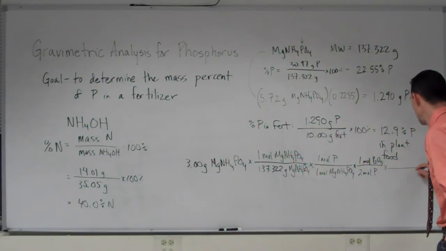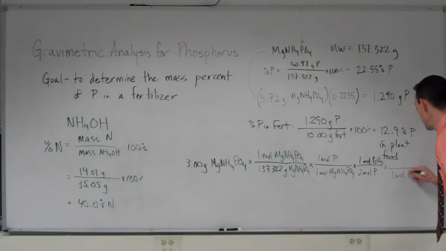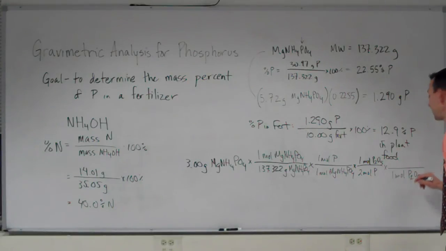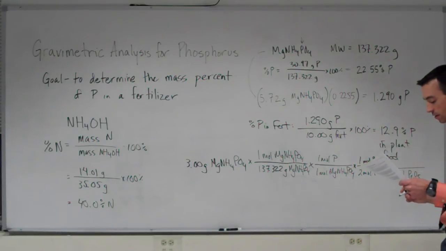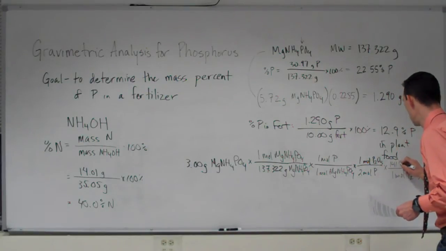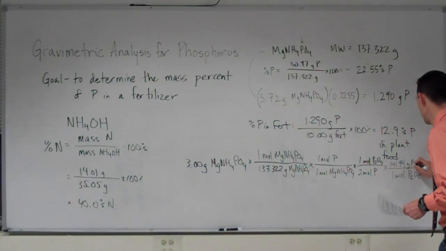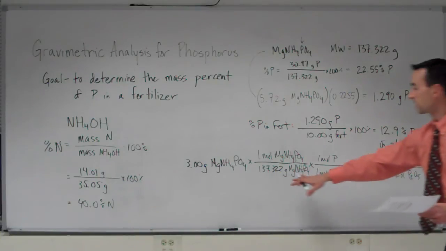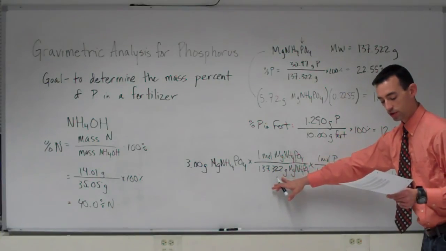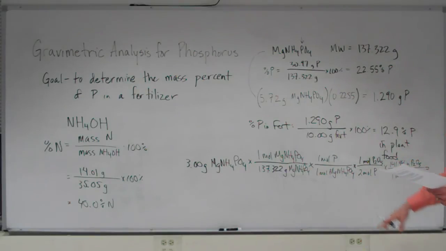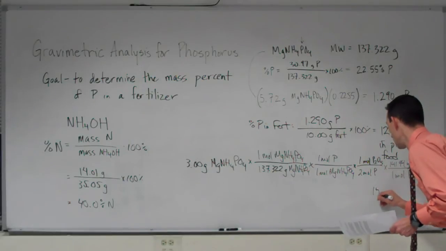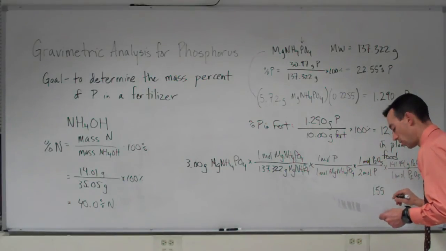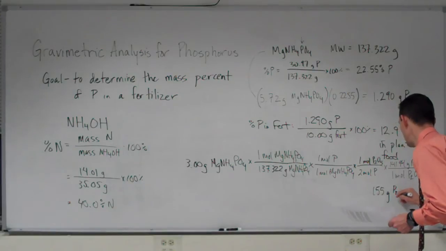And then lastly, each mole of P2O5 would have a molar mass of 141.94 grams. So when we take our 3 divided by 137.322 times 1 divided by 2 times the 141.94, we should be able to get 1.55 grams of P2O5.